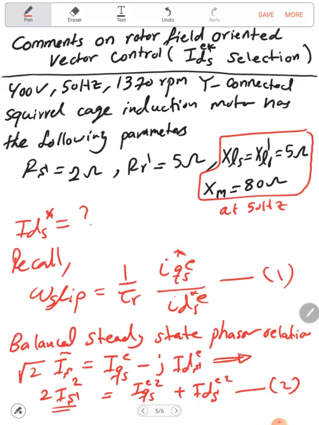So simply we need to calculate the stator current at rated condition. To do so, let's recall the per phase equivalent circuit.